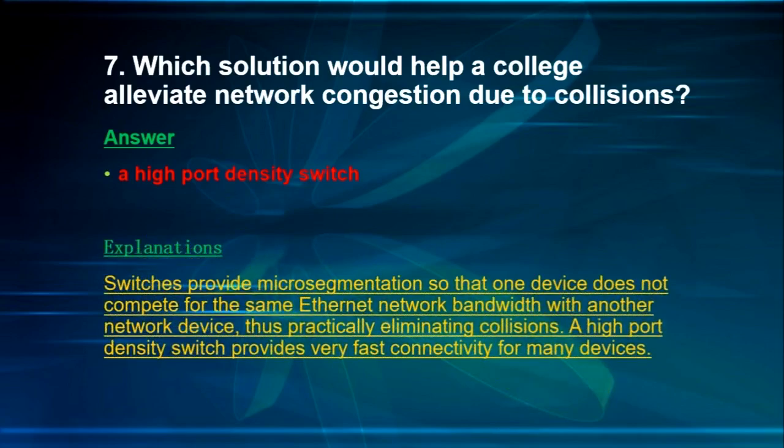The explanation to this answer is switches provide microsegmentation so that one device does not compete for the same Ethernet network bandwidth with other network devices, thus practically eliminating collisions. A high port density switch provides very fast connectivity for many devices.